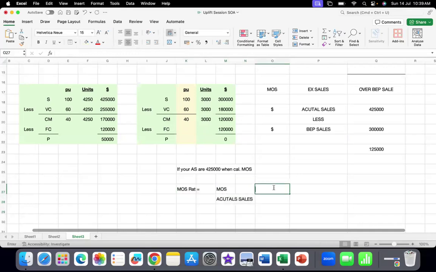My margin of safety was say 1,25,000. Then you divide by actual sales, which was 4,25,000. And if you do it as a percentage, it comes to about 29%. The more the percentage, the better it is for you.